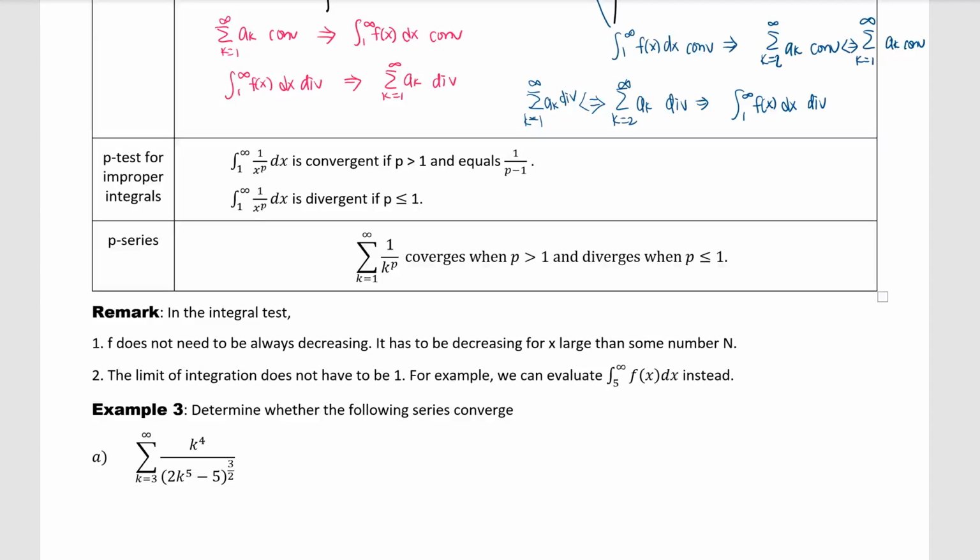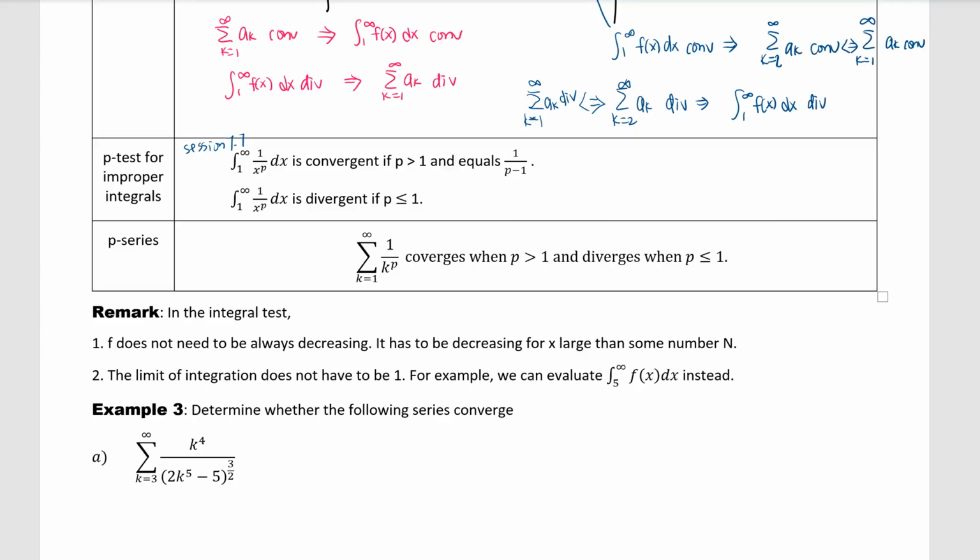So if you can remember, we learned this in section 7.7, improper integrals. The integral from 1 to infinity of 1 over x to the p converges if p is greater than 1, and it converges to 1 over p minus 1, and the integral diverges if p is less than or equal to 1. Okay, so this is what we learned in section 7.7.